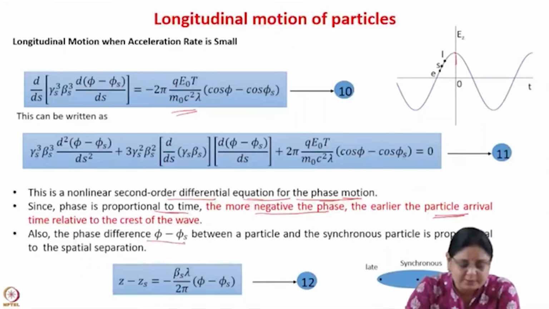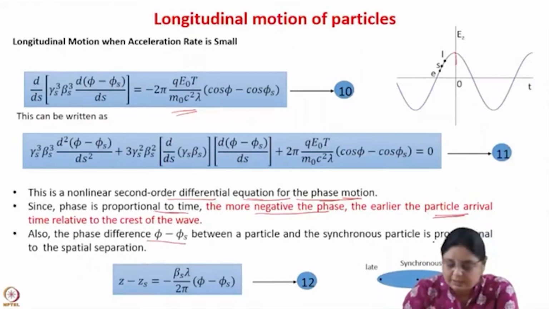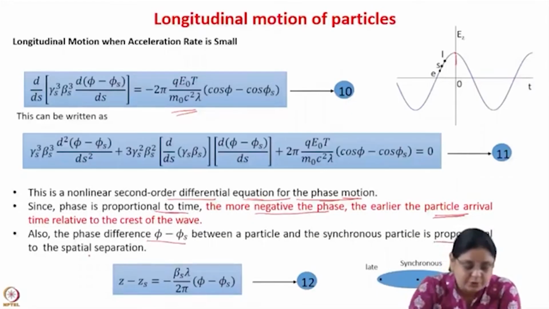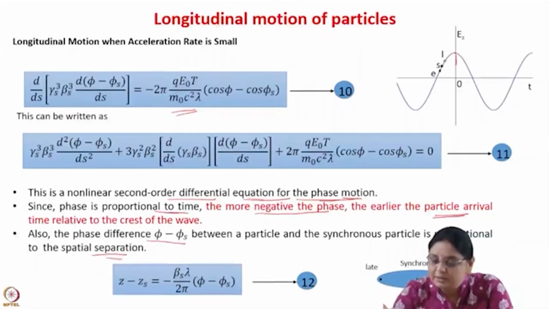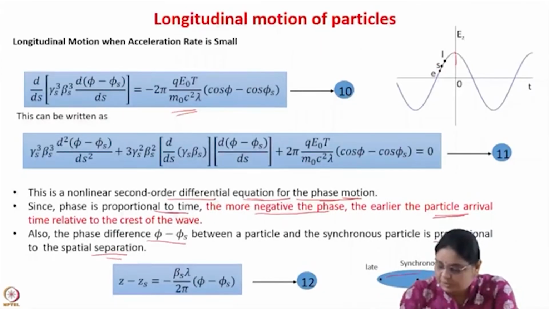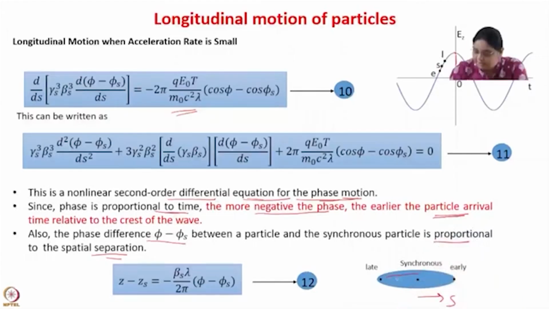Also, the phase difference between the particle and the synchronous particle is proportional to the spatial separation. So these are the particles in a bunch. Now the bunch in s can be shown like this. So we have a synchronous particle, and we have an early particle which is here, and a late particle which is here. So this is showing the bunch in space.